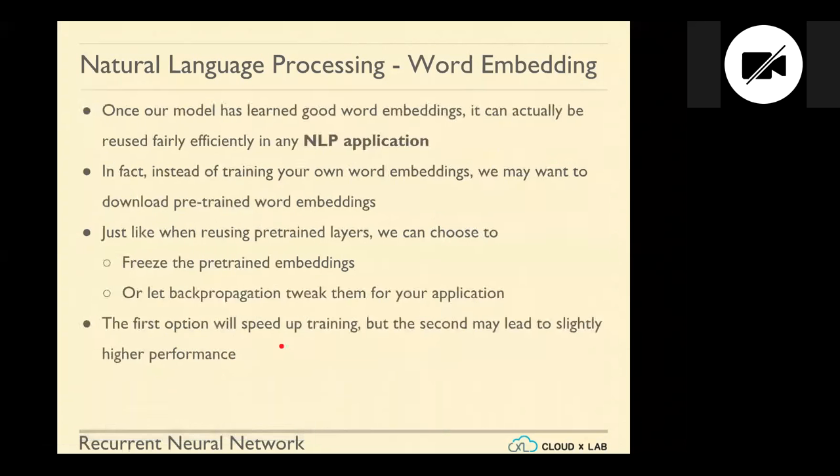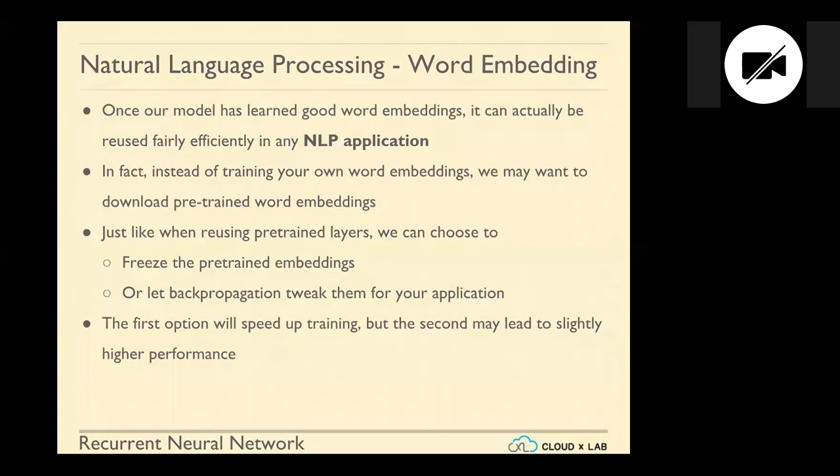So once our model has learned good word embeddings, they can be reused fairly efficiently in any NLP application. In fact, instead of training your own word embedding, we may want to download pre-trained word embeddings, just like when reusing pre-trained layers. We can choose to freeze the pre-trained embeddings or let backpropagation tweak them for your application.